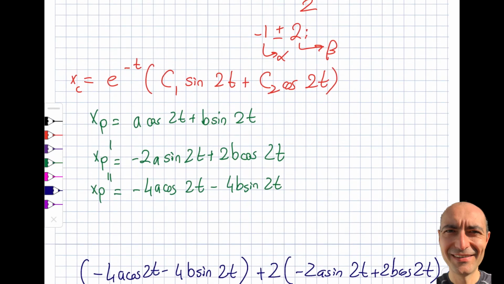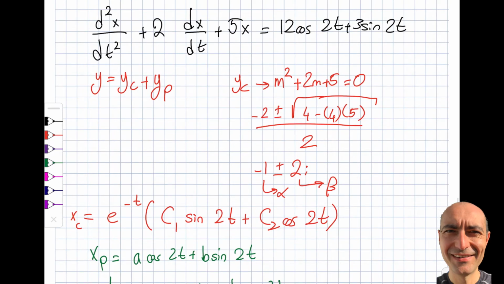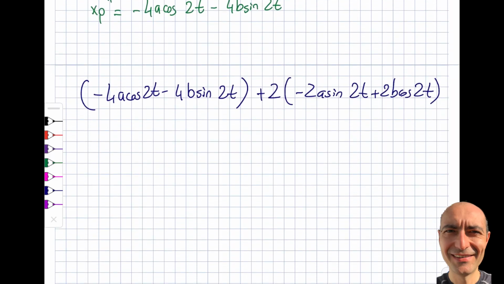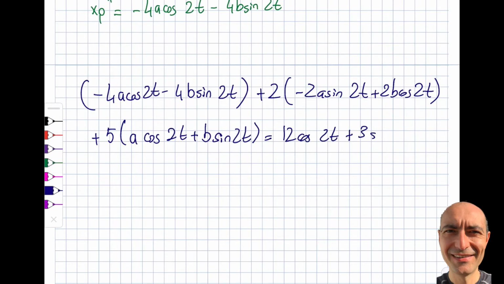Okay, let me go up, I'll show you. I simply multiplied with dx dt, it's right here. I just plugged it in, and 5 times x. Then I'll add 5 times itself, a cosine of 2t plus b sine of 2t, which will be equal to 12 cosine of 2t plus 3 sine of 2t.